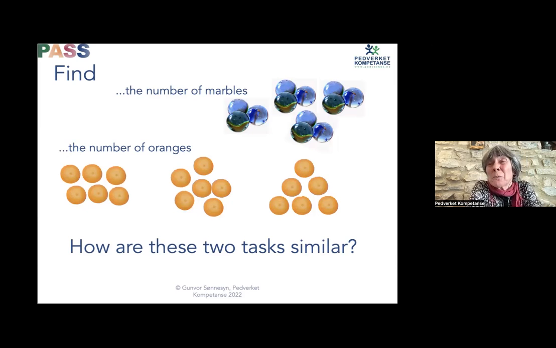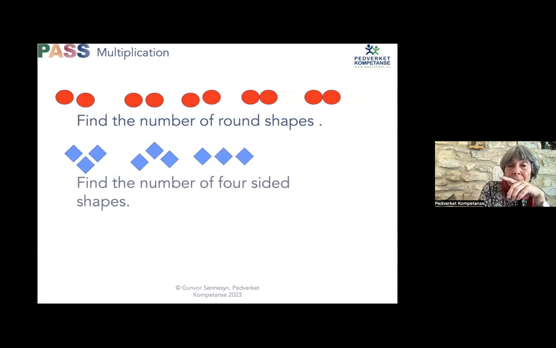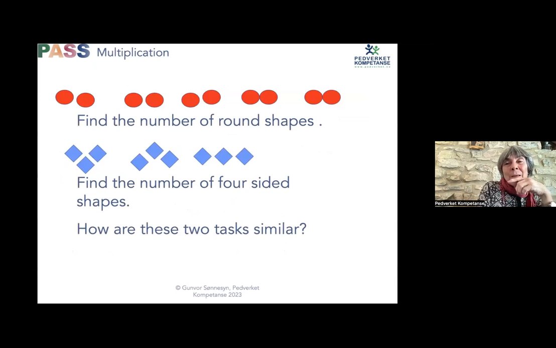Of course, that is quite a complicated type of similarity, so the children need to have a culture of looking for this type of similarities through their previous experiences. This girl had. And here are two other tasks with the same characteristics, actually, but with other figures and other numbers.